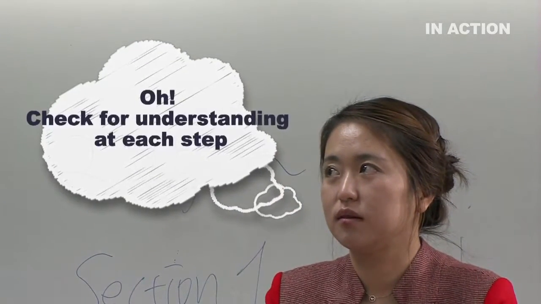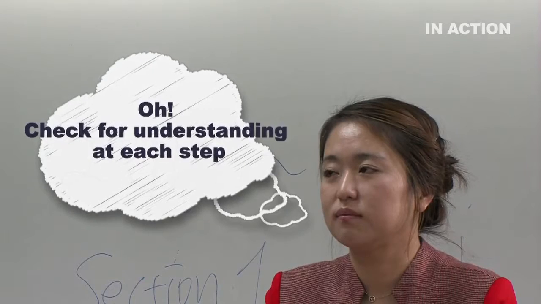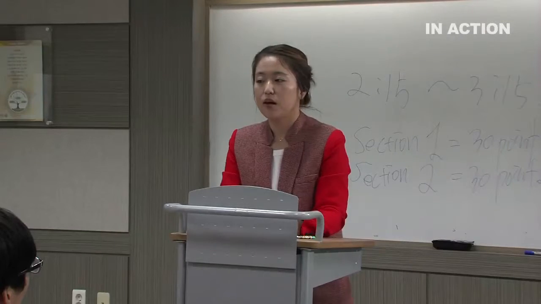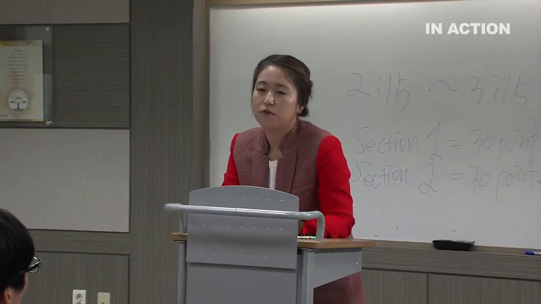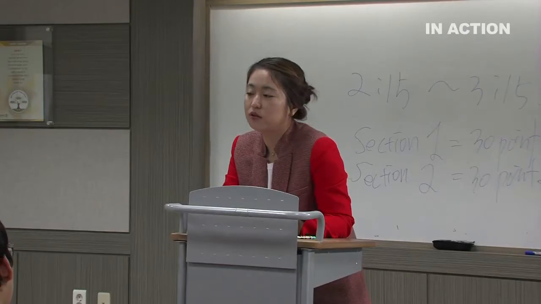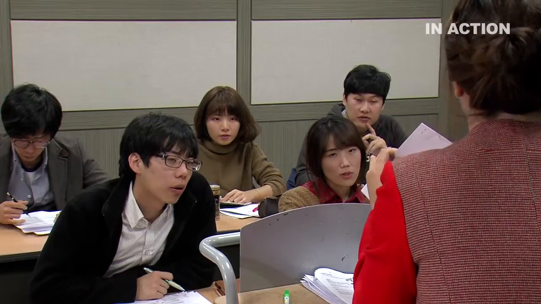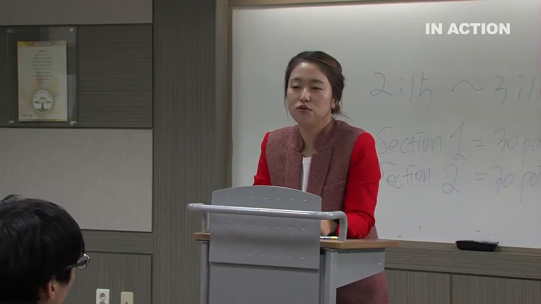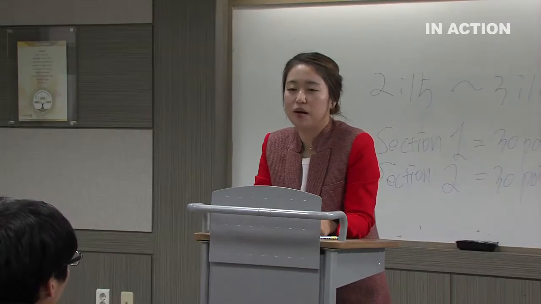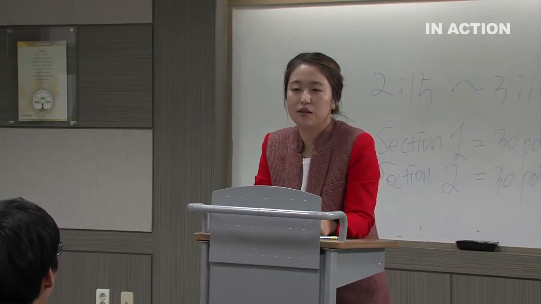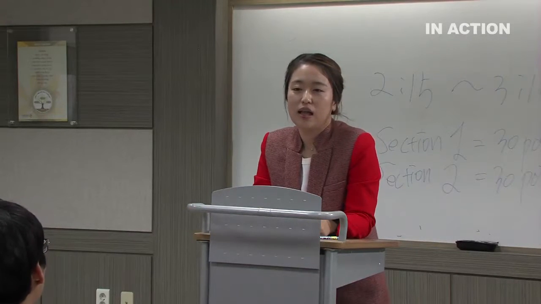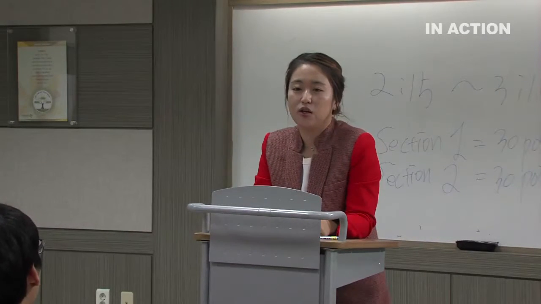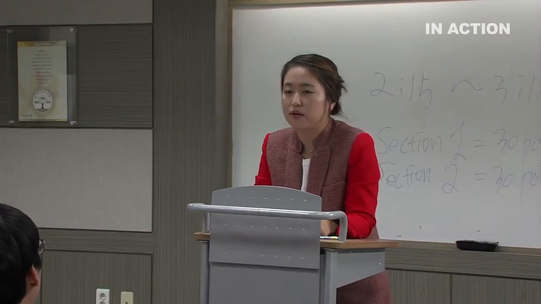Check for understanding at each step. Everyone, for section 1 you should refer to the diagram. Correct, refer to the diagram. Section 2 is a compare essay about engineering and scientific methods. Like you did in class, use a table to help you compare.